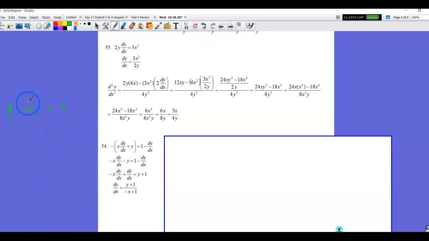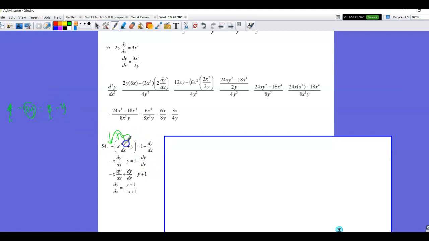And then the derivative of, remember I said I have a product right here, so I'm keeping my negative on the outside, and then right here I'm doing the product rule for x times y. So first derivative second plus second derivative first. On the right-hand side, the derivative of x is going to be 1, and the derivative of negative y is going to be negative dy dx. Here we go again.